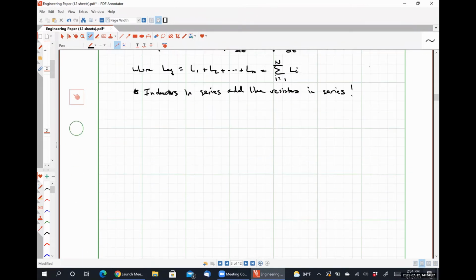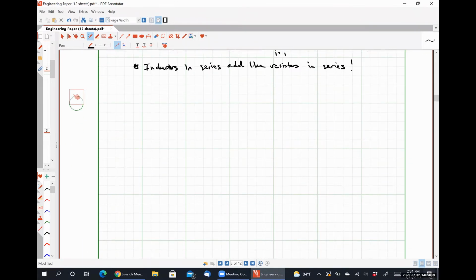If we had some number of inductors connected in parallel, so we have a network over which there is some voltage V of t, call this guy L1, L2, and so on.